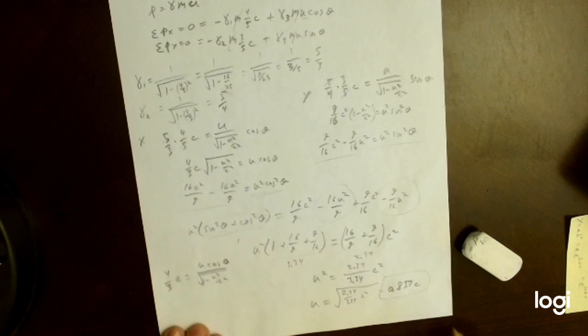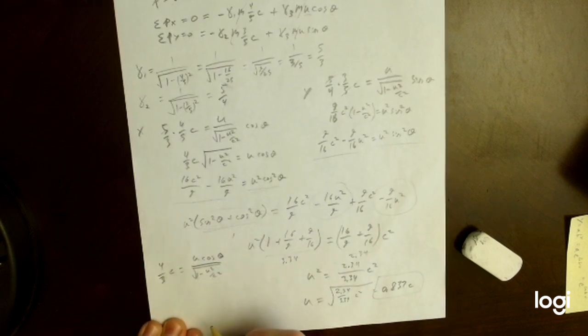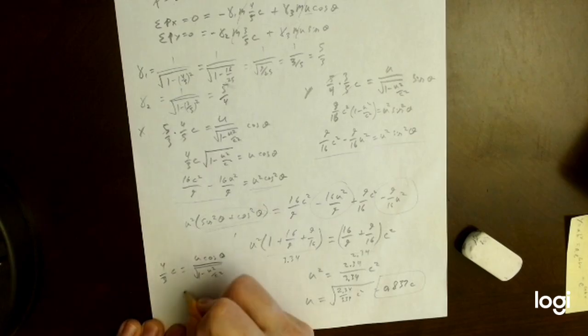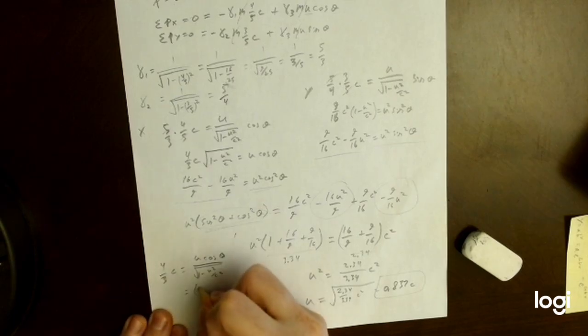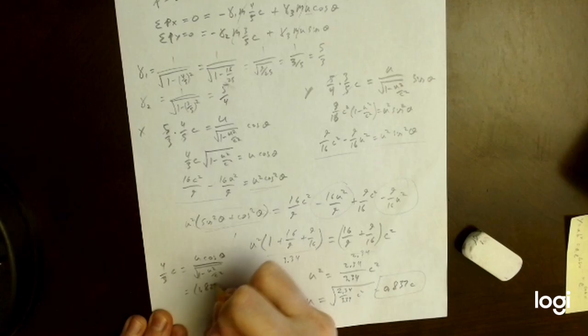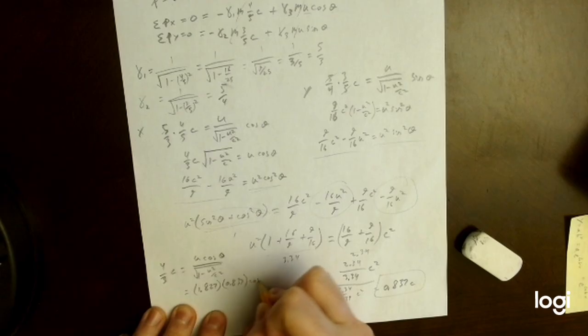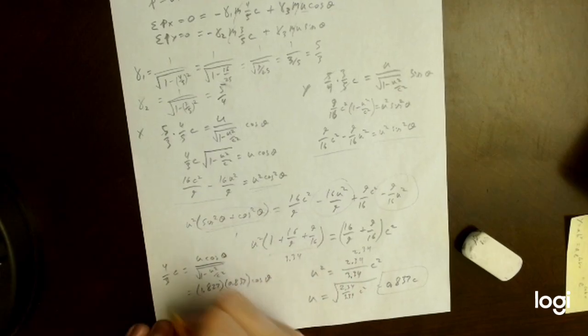We now know u, so I can plug in my numbers here, and my gamma factor is about 1.827 times u, which is 0.837 cosine theta, and that's about equal to 4/3.